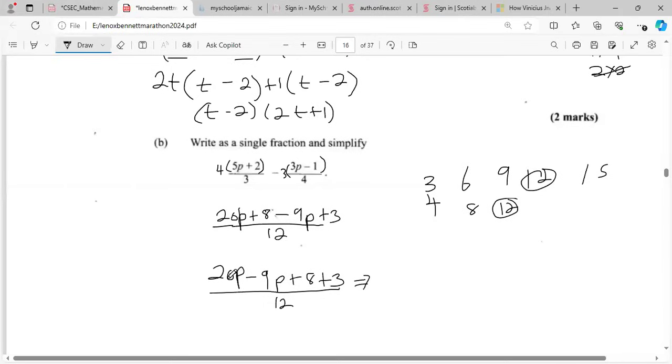And then of course 20p minus 9p, that's 11p. And 8 plus 3, 11. I'll put back our denominator, which is 12. And there we have it. We get all marks if we did that. 11p plus 11 over 12.